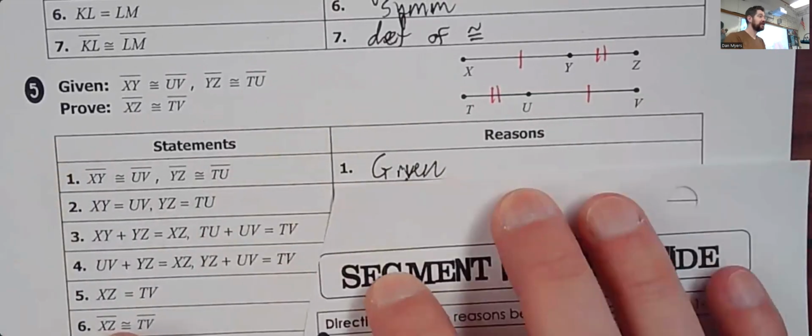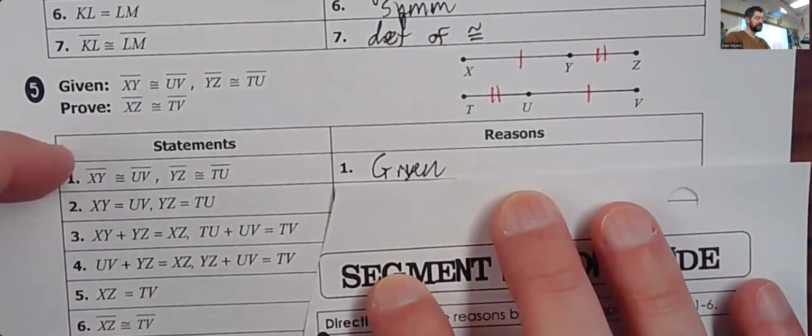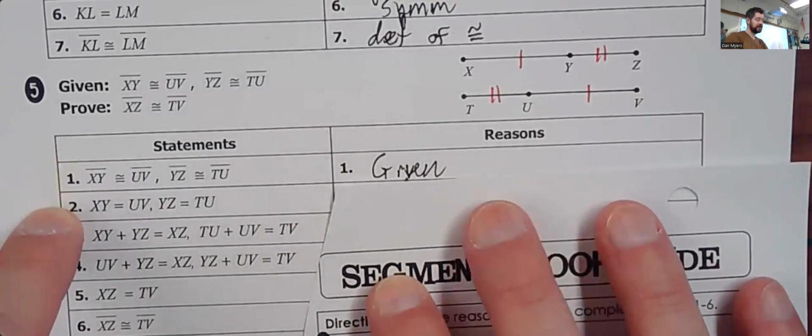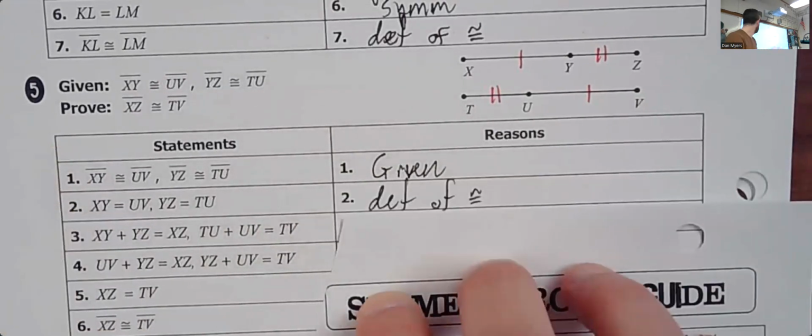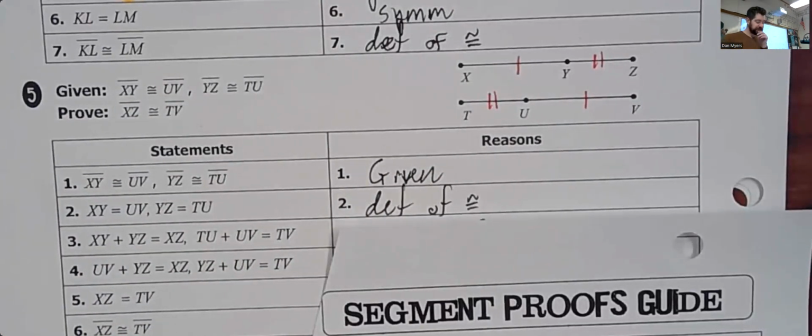What's that have to be? It's the same thing twice, but one of them is congruent, one of them is equals. Definition of congruent. Good. Definition of congruent. That's the reason number 2.